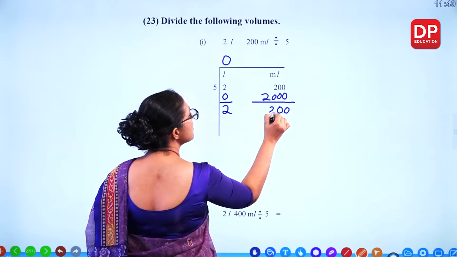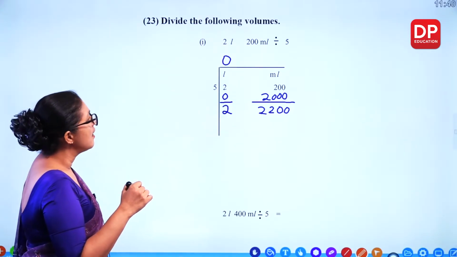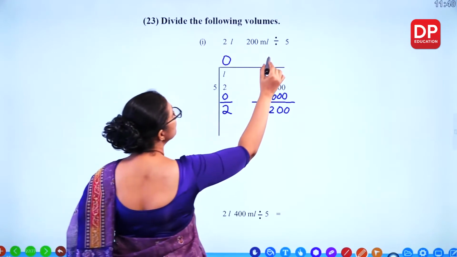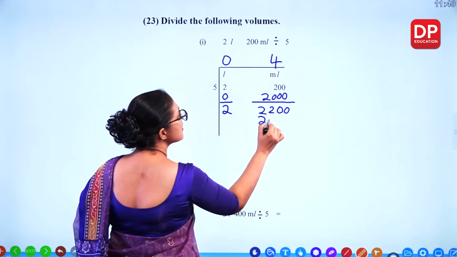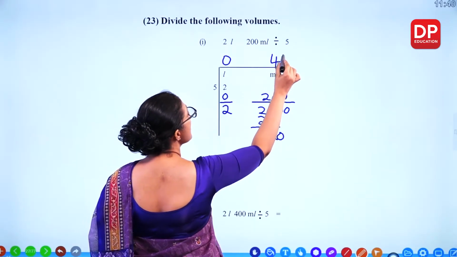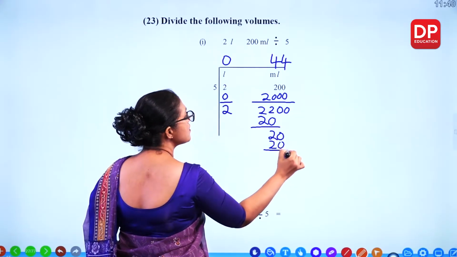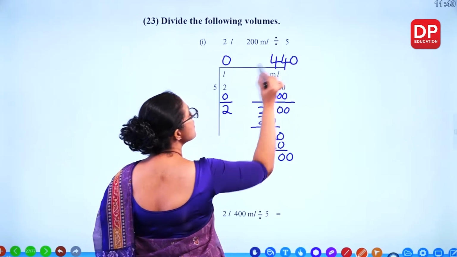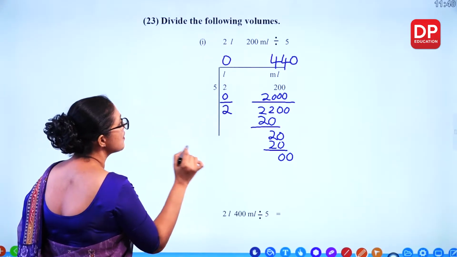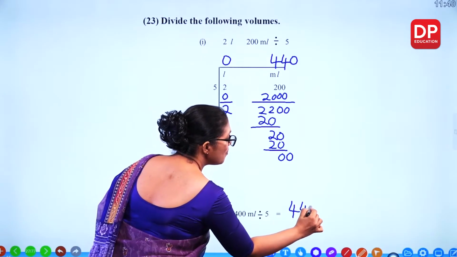You get altogether 2200 milliliters. Now 5 times 4, 20. 2 remaining. For 20, that's 5 times 4. And here 1 0 there, so you can put 0 here. So what's the answer? 440 milliliters.